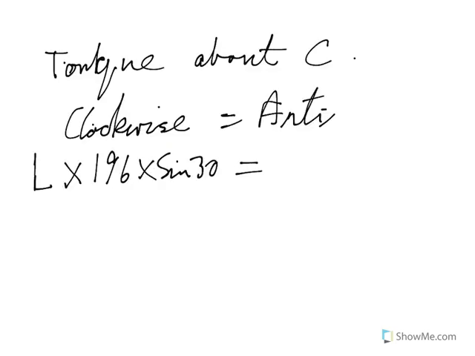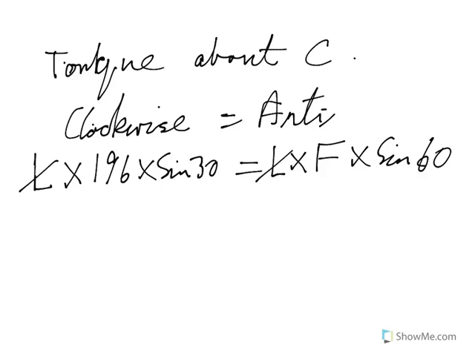Then the anti-clockwise torque is that red one. Again, same thing: the length times the force, which is what we're trying to find out, times the sine of 60 this time. And as I mentioned earlier, I was hoping that the lengths cancel out, which they do.